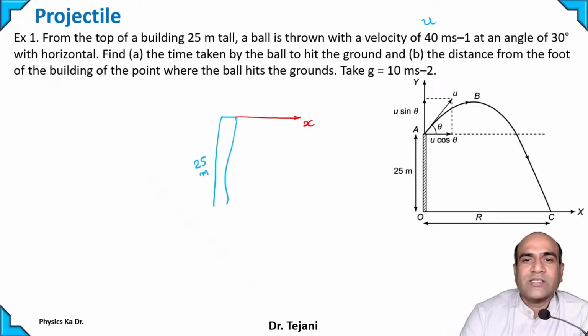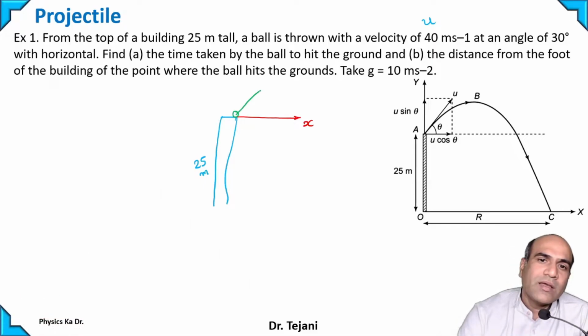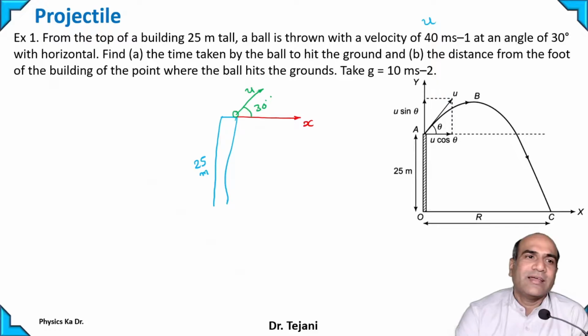Let's consider this as the horizontal axis. The object is thrown with initial velocity u, and this angle is given as 30 degrees with the horizontal, right?